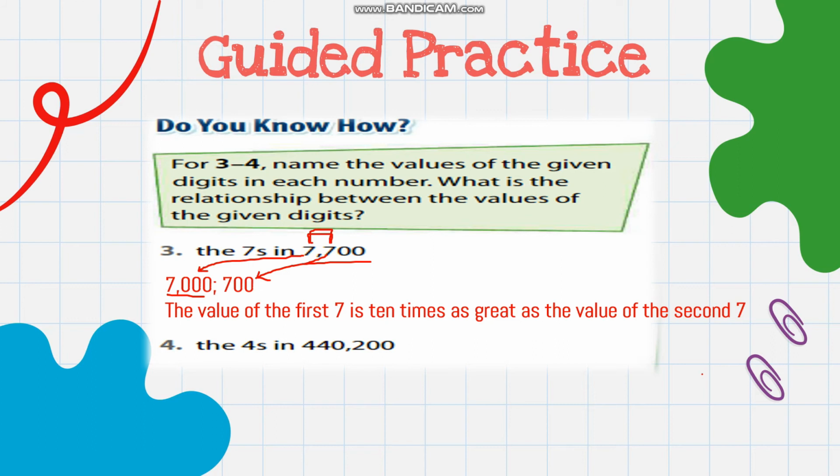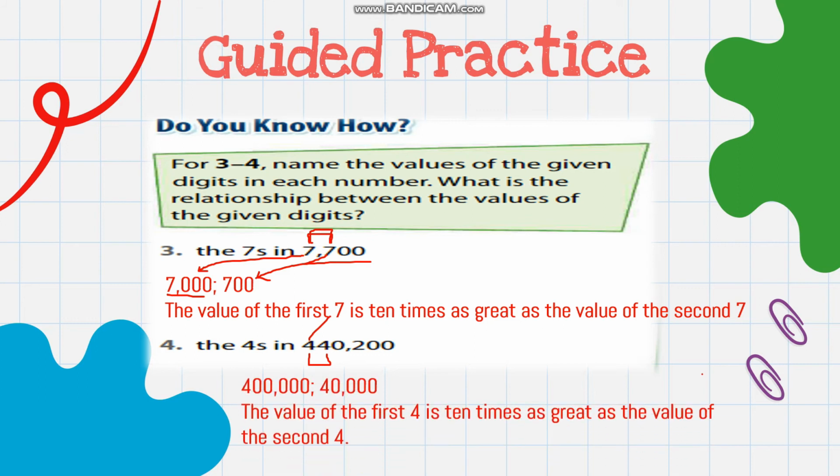Next one, the 4s in 440,200. So there are two 4s, the first and the second 4. So what is the value of the first 4? So this is ones, tens, hundreds, thousands, 10,000, 100,000. So 4 is in the 100,000s place, that's why the value is 400,000.